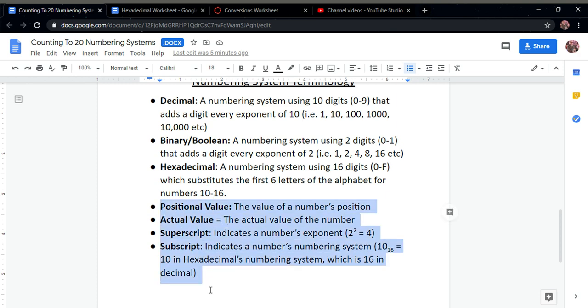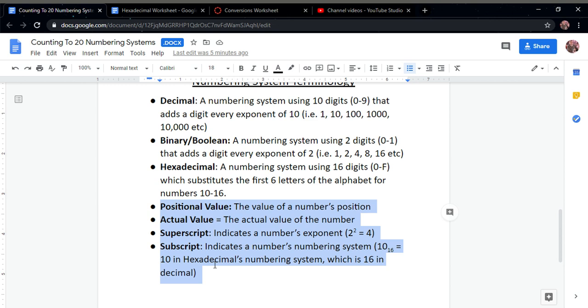When we get into converting, we need to understand that every single number, whether it's decimal, binary, or hexadecimal, has a positional value and an actual value. The positional value is its digit place. So if I have a simple 1, the positional value of that 1 is 1, and the actual value of that 1 is 1.